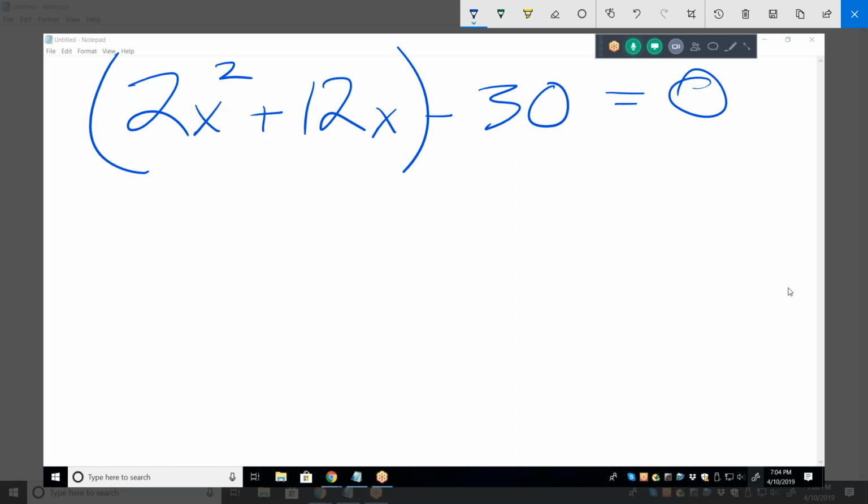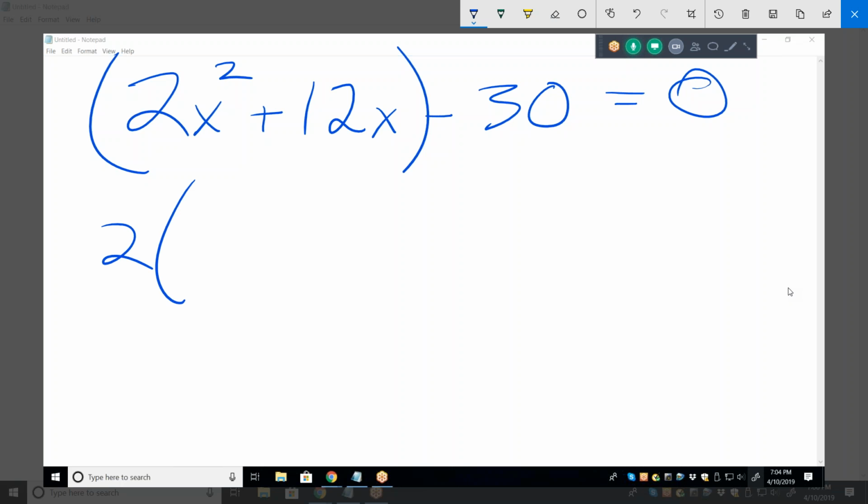You are factoring out 2, and it wouldn't have to be a greatest common factor. I can make that an 11 and I would still have to factor out 2. What you have to do to complete the square is make sure that the x squared term has a 1 in front of it.